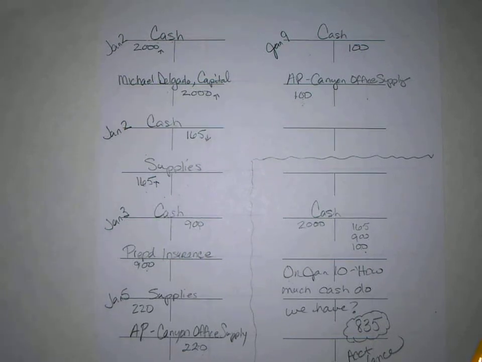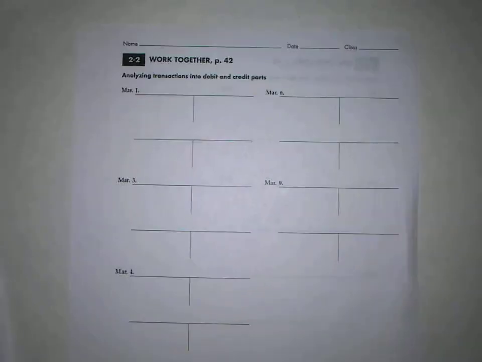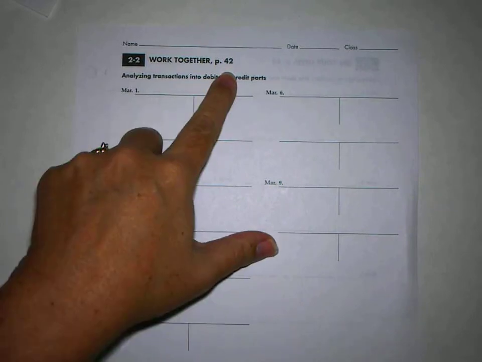All right. So now we're going to do the working together 2-2. So find your working together 2-2. Page 42.